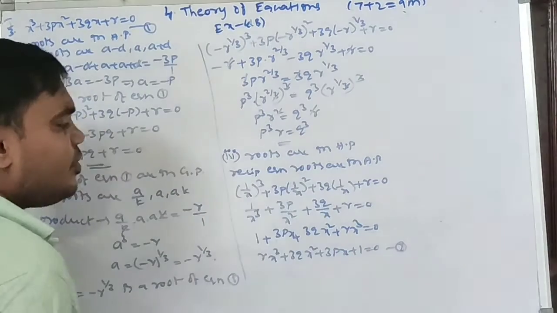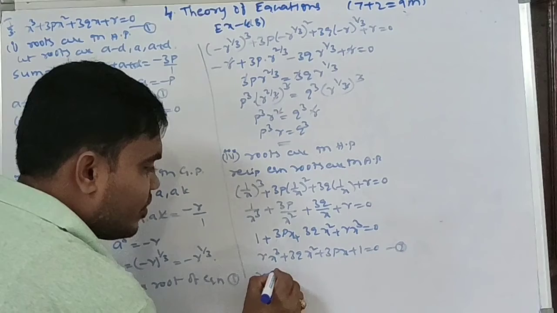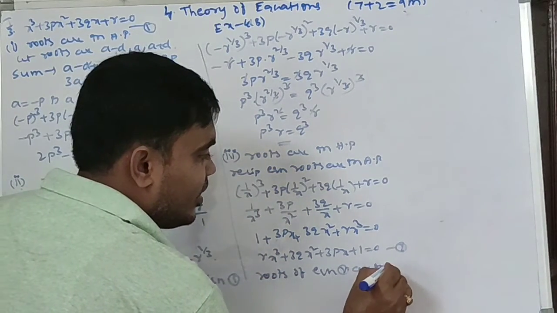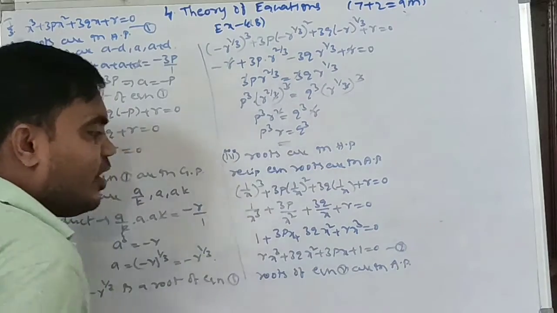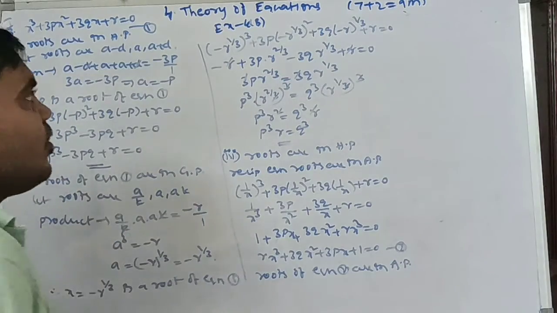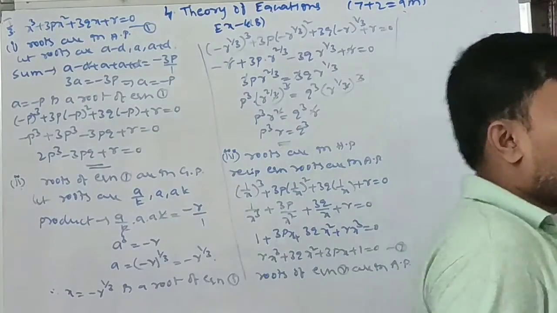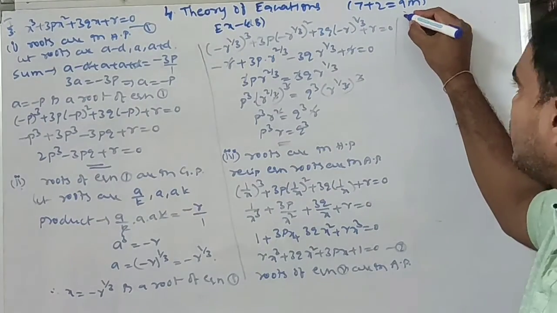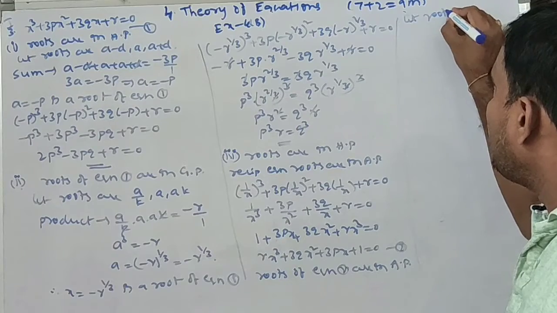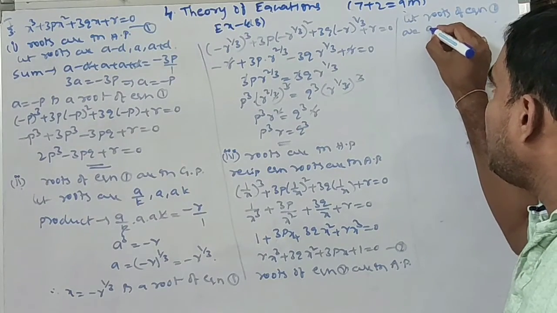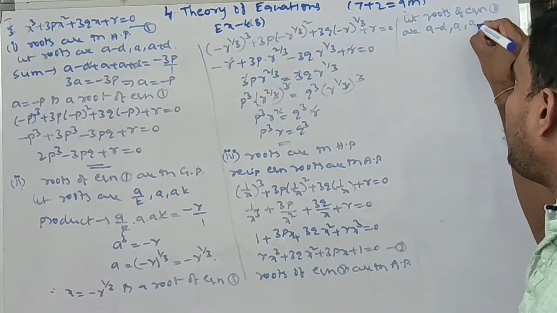Equation 2. Roots of equation 2 are in AP. So if these are in AP, what am I doing? Let the roots of equation 2 be a − d, a, a + d.